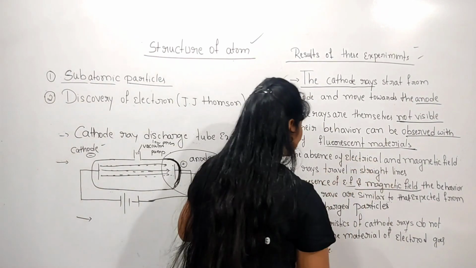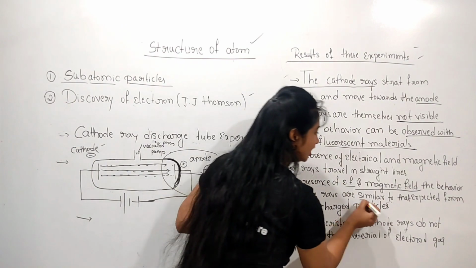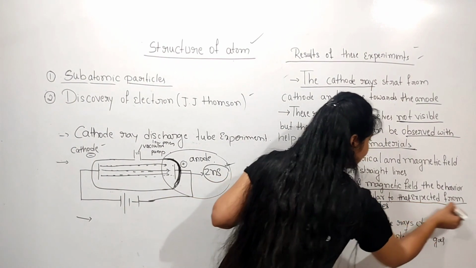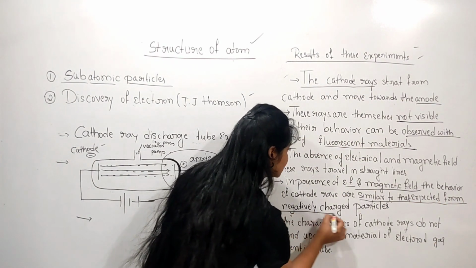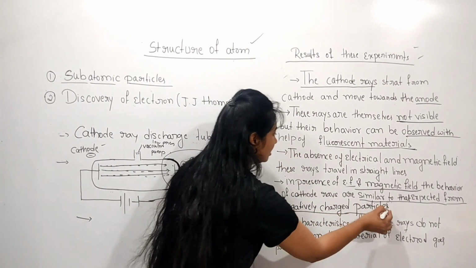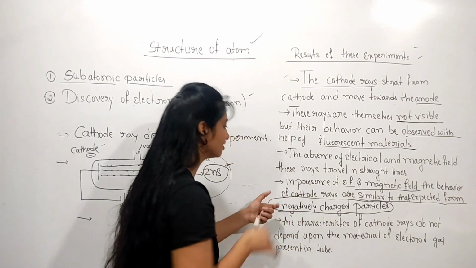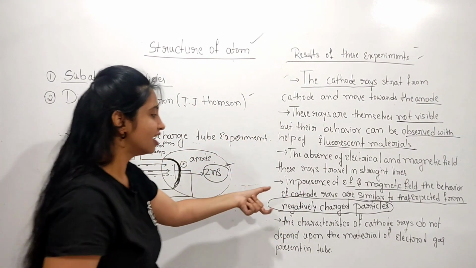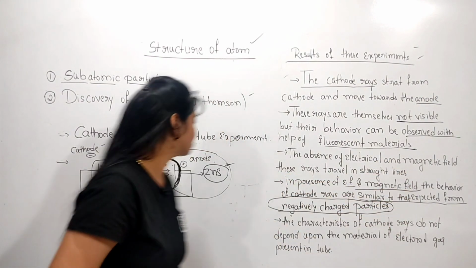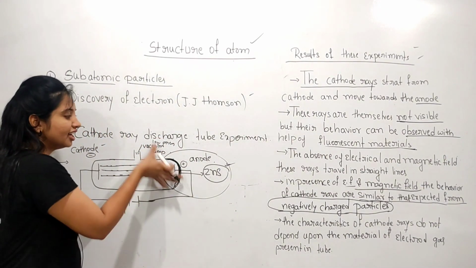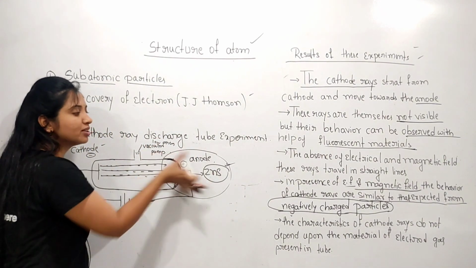Then the behavior of the cathode rays is similar to that expected from negatively charged particles. We assumed that the particles are negatively charged because they are deflecting towards the anode side.